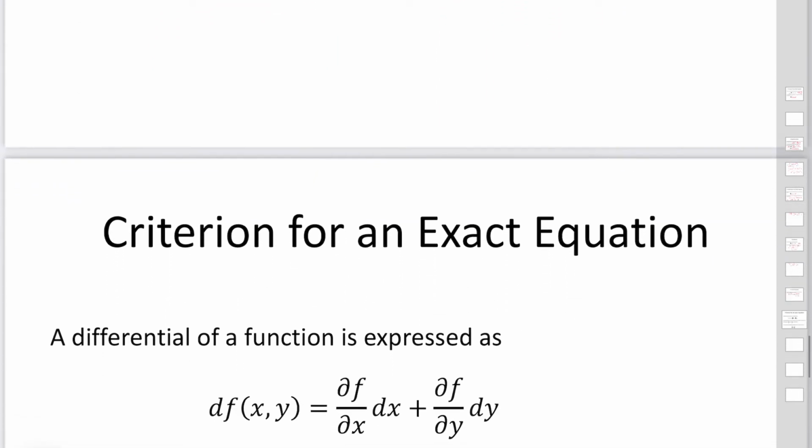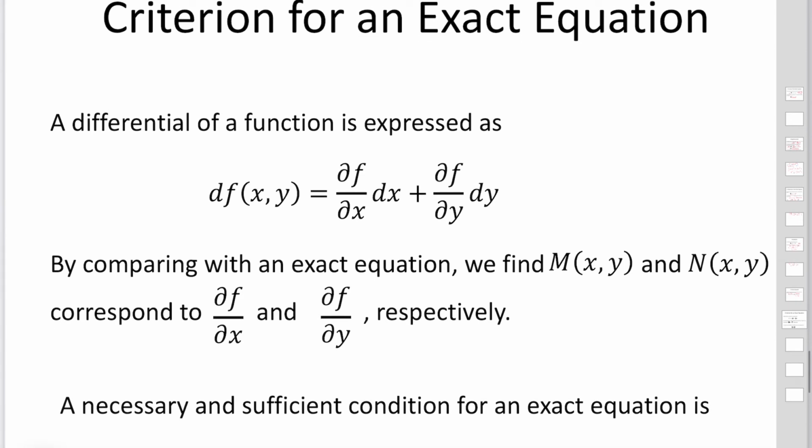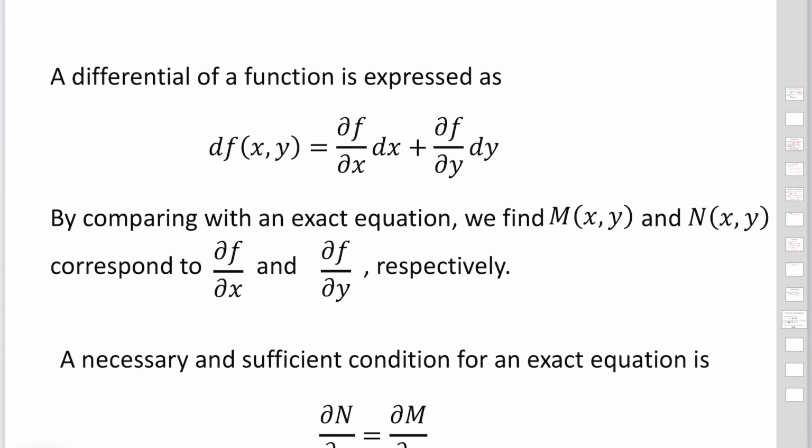The criterion for exact equations: the differential of a function is expressed as ∂f/∂x times dx plus ∂f/∂y dy. This is equal to the exact equation M dx plus N dy.